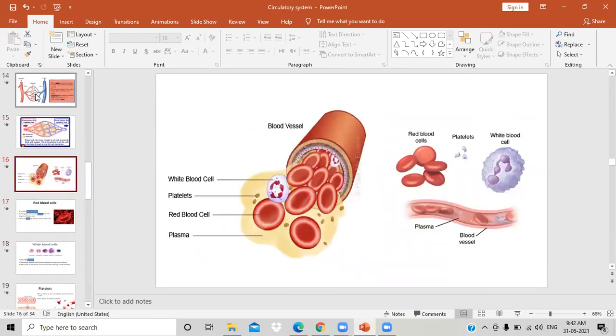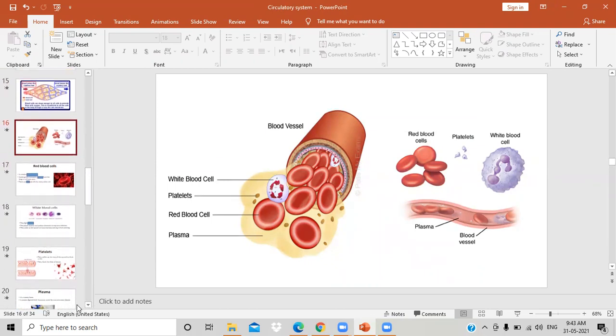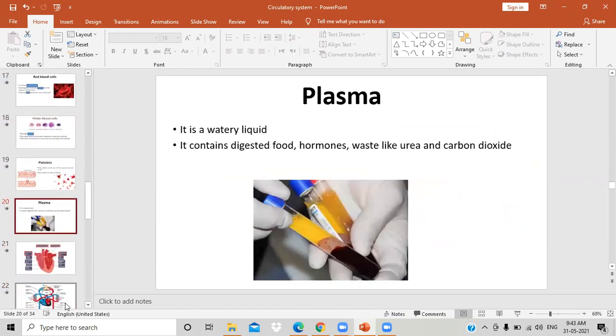Now, what we're going to learn about is something that you already took during this year when we were taking the body systems. When we talked about the circulatory system, we talked about the type of blood cells that you can find in your blood. So your blood is formed of a watery liquid called the plasma.